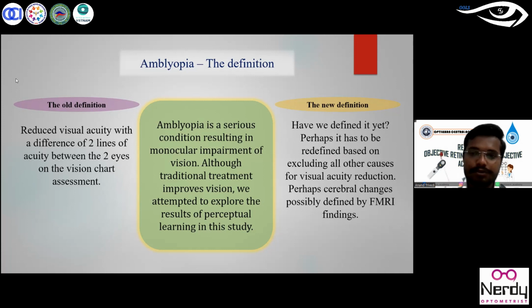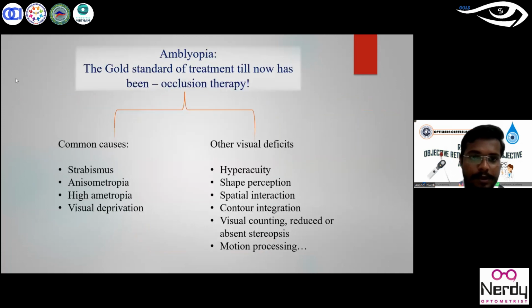Perhaps it has to be defined based on excluding other causes for visual acuity reduction, and perhaps cerebral changes defined by fMRI findings. Amblyopia is a serious condition resulting in monocular impairment of vision. Although traditional treatment improves vision, we attempt to explore the result of perceptual learning in this study. The gold standard treatment till now has been occlusion therapy for amblyopia.